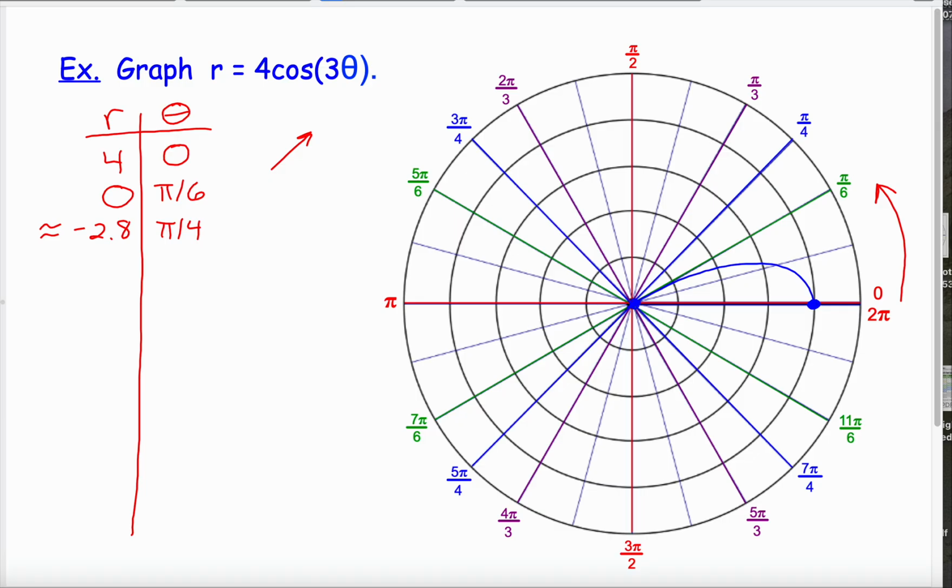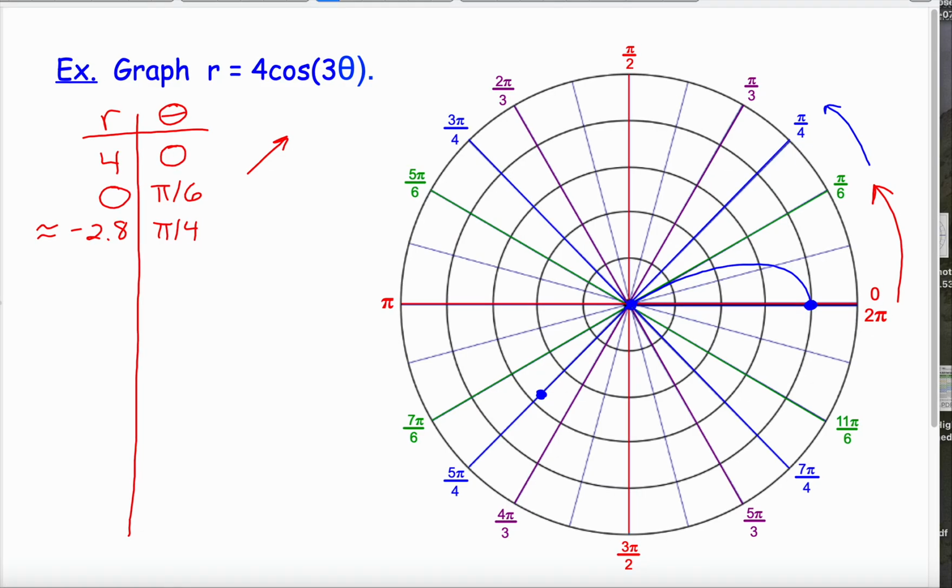So at pi over 4, let's look at our graph. At pi over 4, I'm going to go negative 2.8 in that direction. So let's go ahead and plot that. 2.8, how about right about there? So notice I'm getting negative values as I go from pi over 6 to pi over 4.